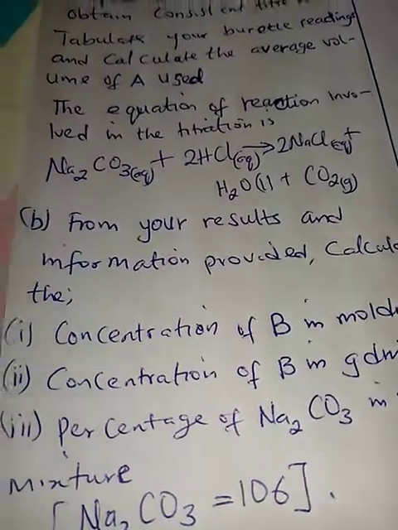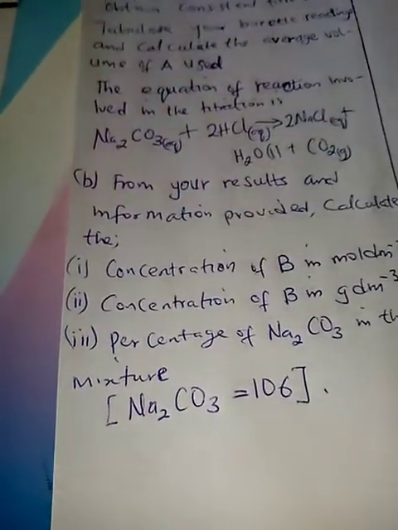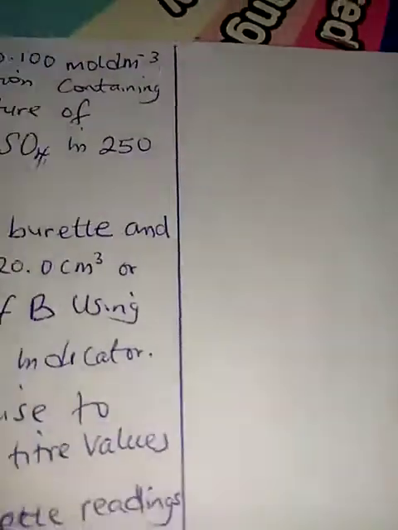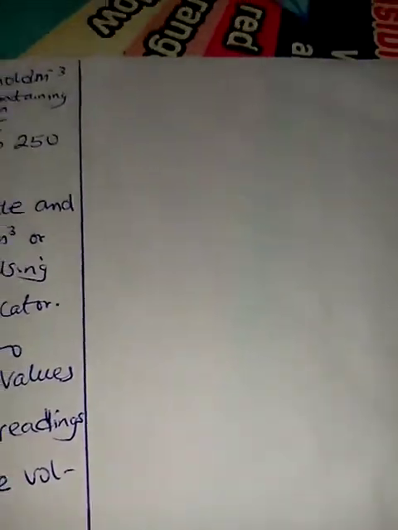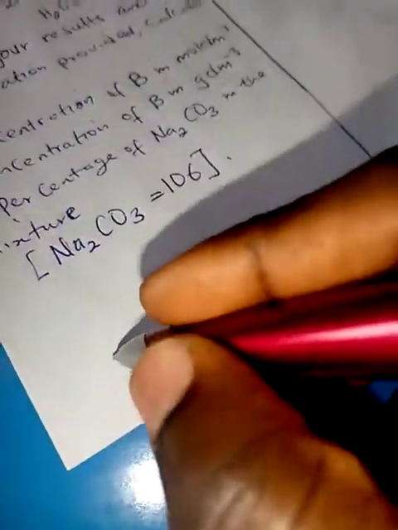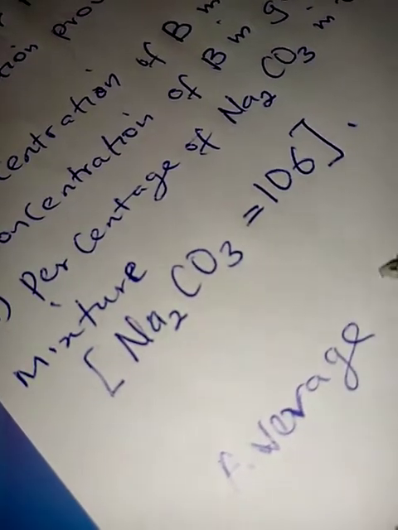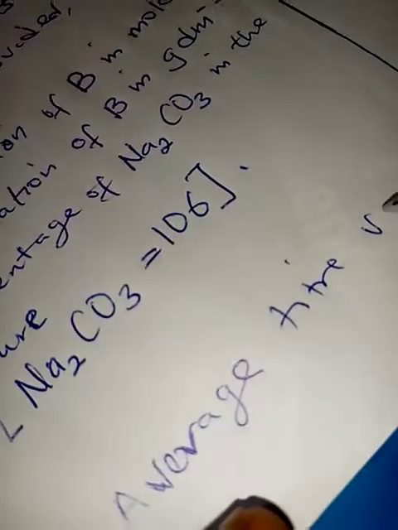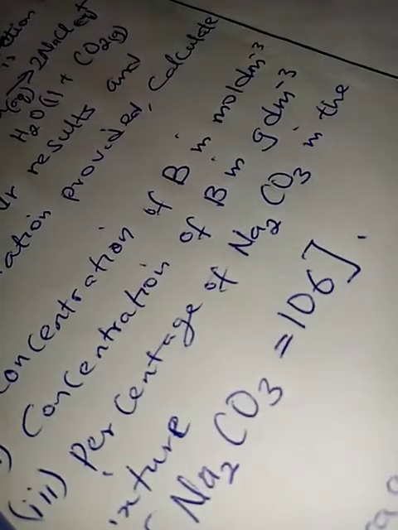Now what we are going to do to get the concentration of B in mole per dm cube. Remember that I have not performed the experiment here, but I am going to choose an average titer value of, let's say, 10.5 cm cube.